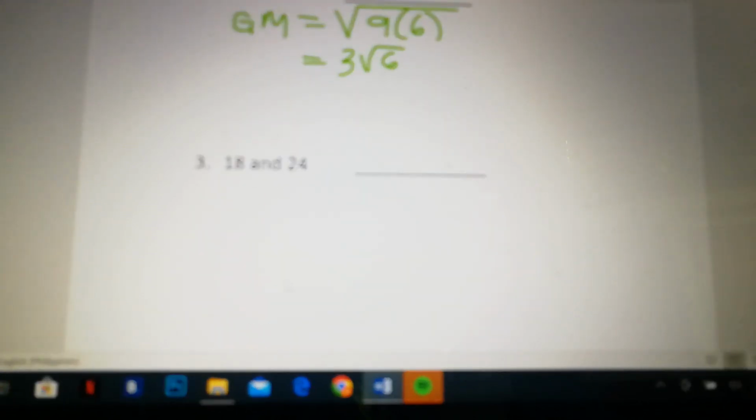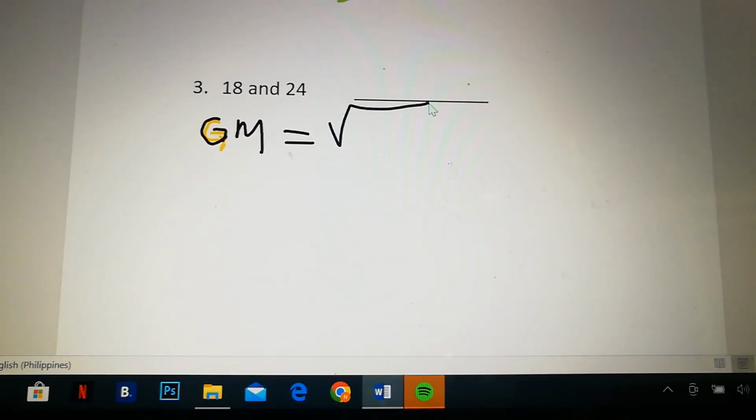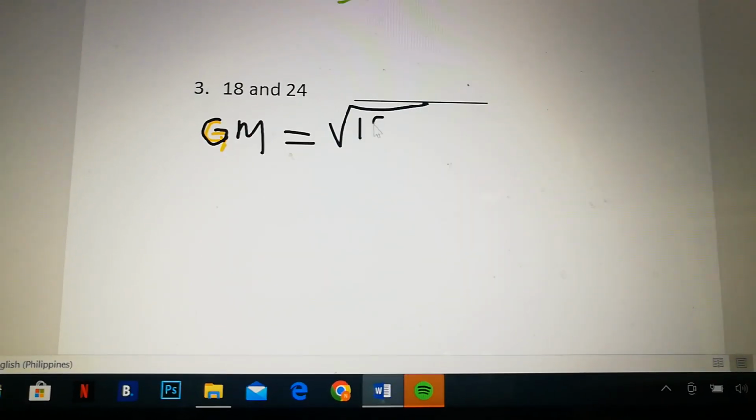Okay, so next, 18 and 24. So the geometric mean is equal to square root of 18 times square root of 24.